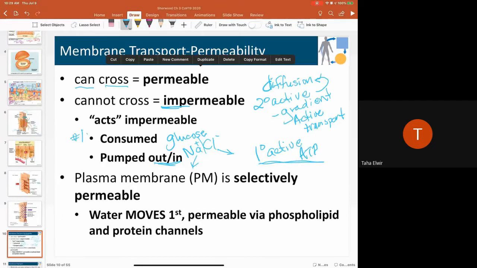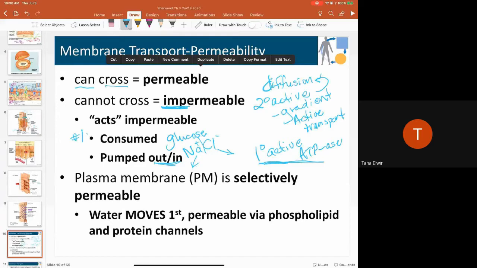Since the sodium and chloride don't build up in the cell, but are pumped back out, they're considered to be impermeable. We know they're not. They go in. We have the channels. We can prove it, but they don't stay inside the cell. If the active transport is working, they're pumped back out. You poison that ATPase, the enzyme that uses ATP to pump the sodium back out, then yes, it will build up inside the cell.